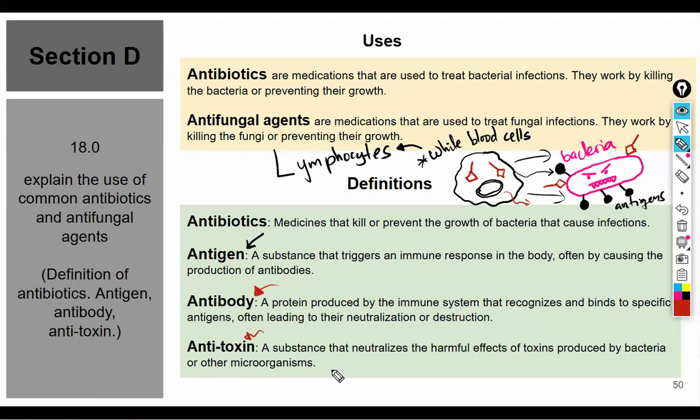So if the bacteria releases a specific type of poison into your blood, you call that poison a toxin. Your white blood cells can also make what? Antitoxins. So if I use these words later on in class, you should have a decent idea of them because I'm going to be using them over and over. So know the difference between those A words, the great A's.